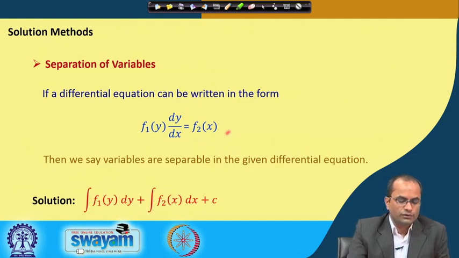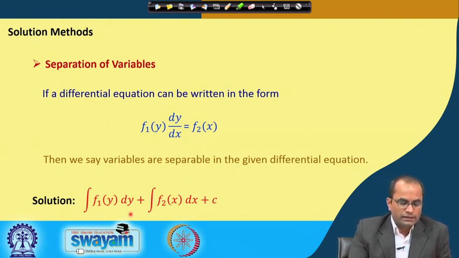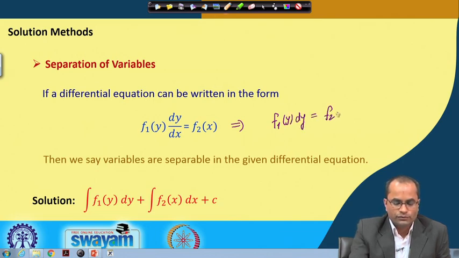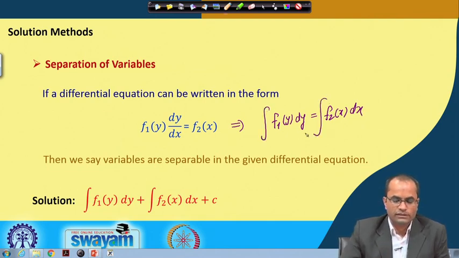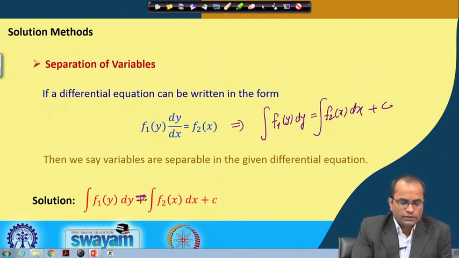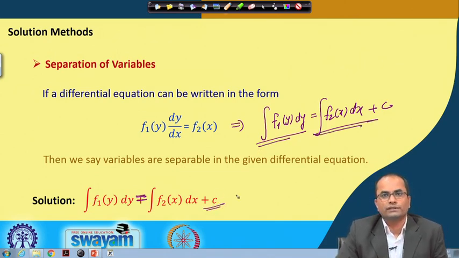Once we separate the variables, we can write this equation as f1(y) dy is equal to f2(x) dx, and then simply integrate with the constant of integration. So, f1(y) dy is equal to the integral of f2(x) dx plus the constant of integration.